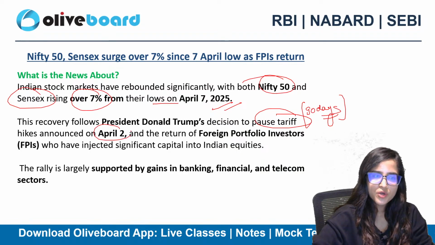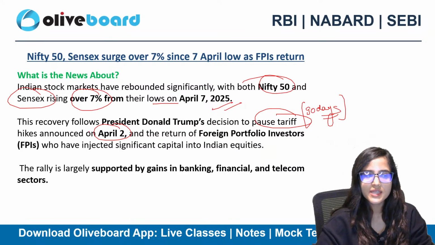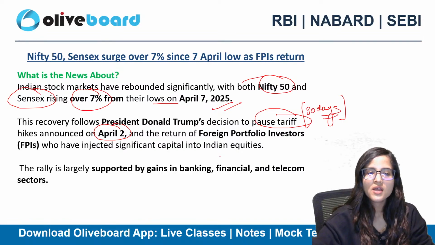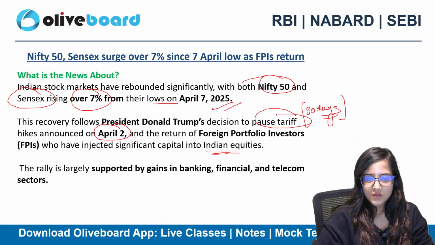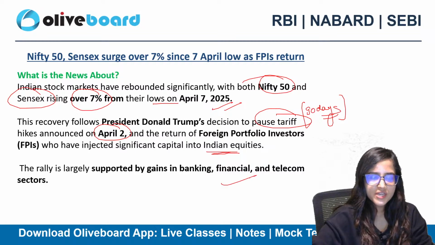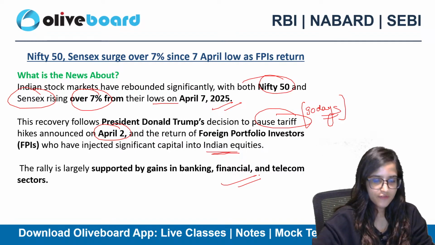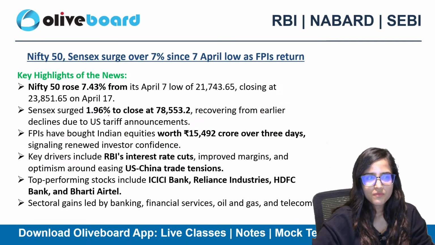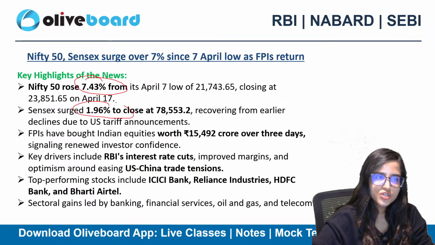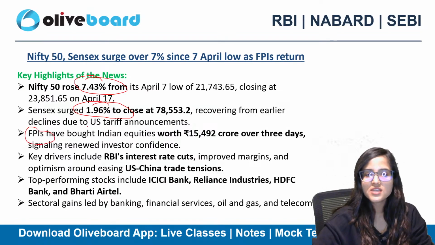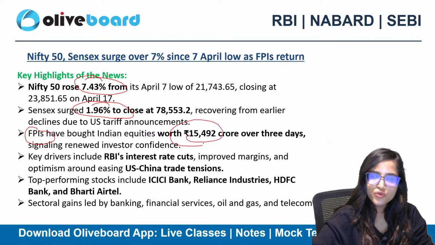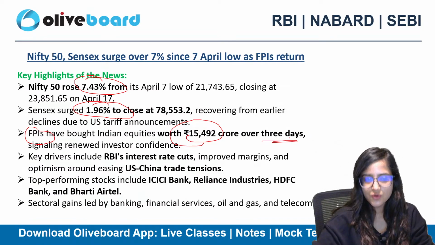These were announced on April 2, but now foreign portfolio investors are coming back to India and investing in Indian equities again. Banking, financial, and telecom sectors have performed well. Nifty 50 rose 7.43%, Sensex surged 1.96%, and FPIs have invested 15,492 crore in India over 3 days. So we can see renewed investor confidence.